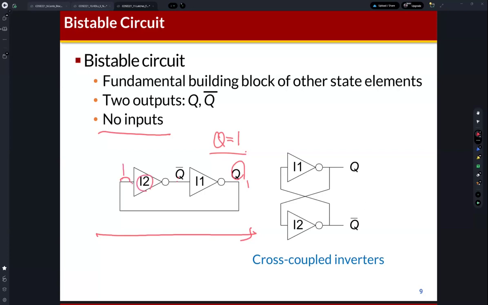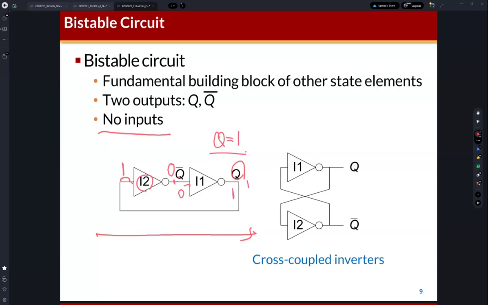Then this node becomes 0 because this is an inverter. So Q bar is 0, and Q bar is also the input of I1, inverter 1. So 0 in, and this is 1.